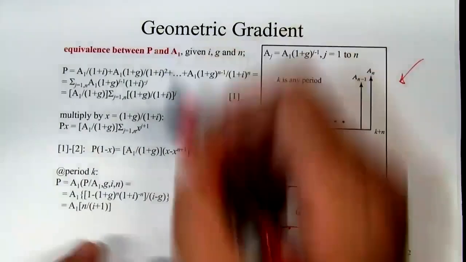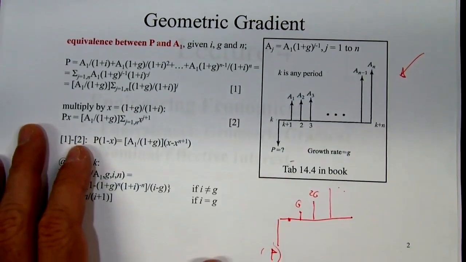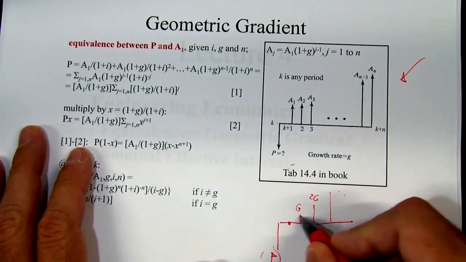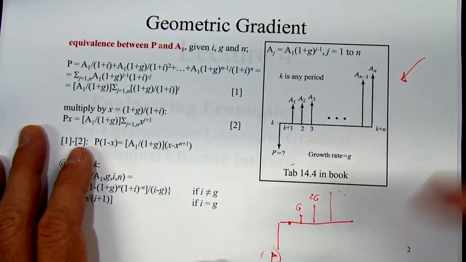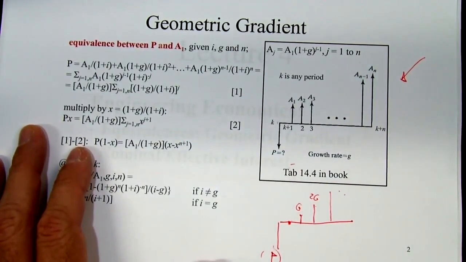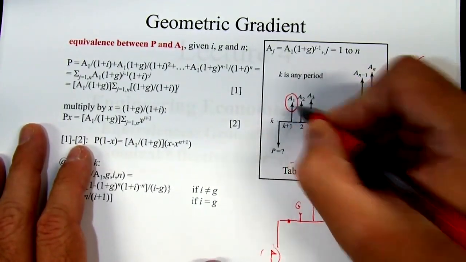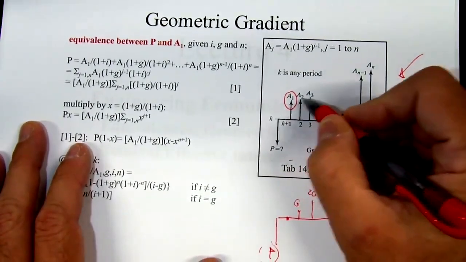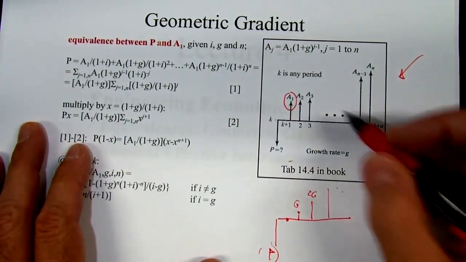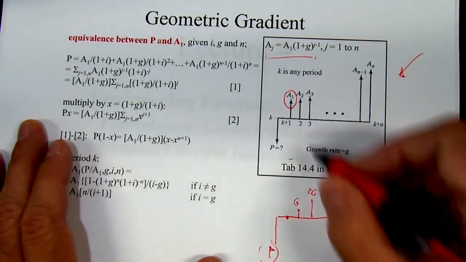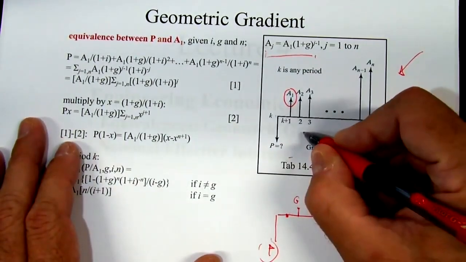It's called geometric because it follows a growth rate. Rather than having an equal step G incremented at every arrow, we start with a given value at the first arrow, and then the second arrow is calculated with this formula. Let me make it explicit right here.